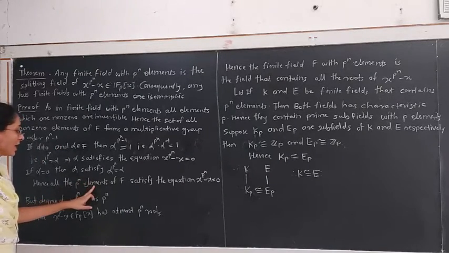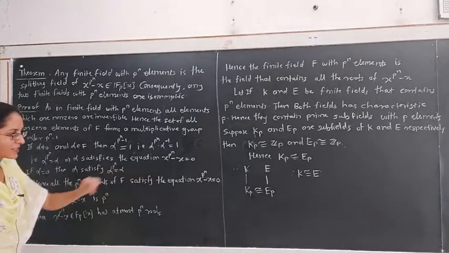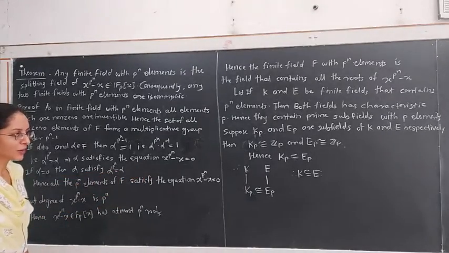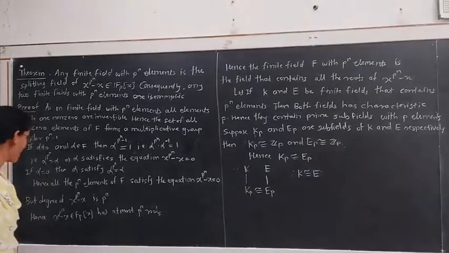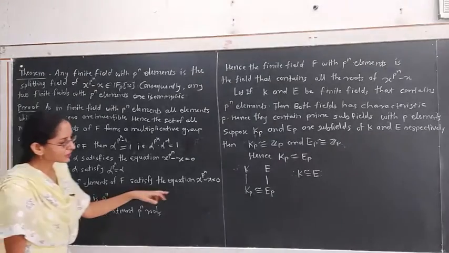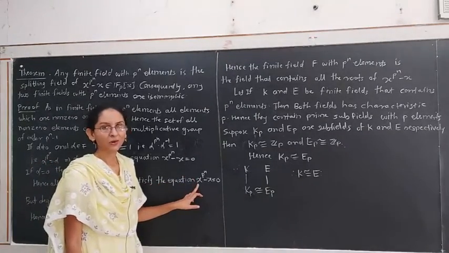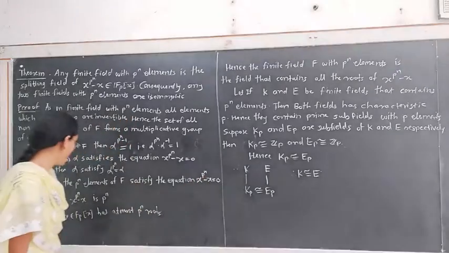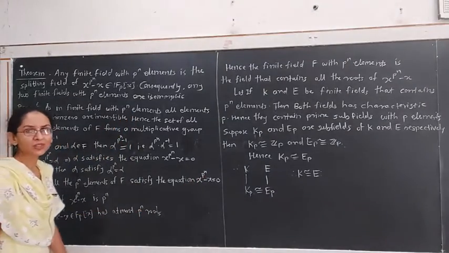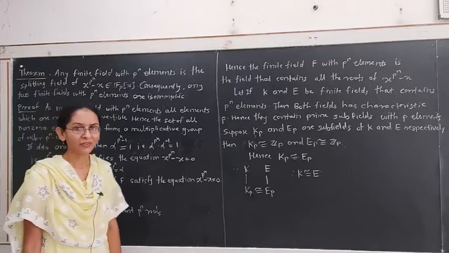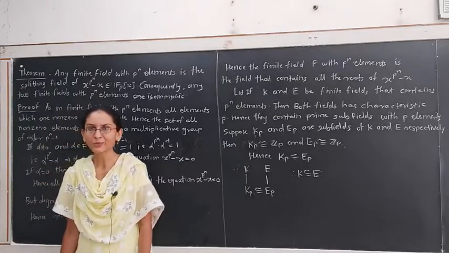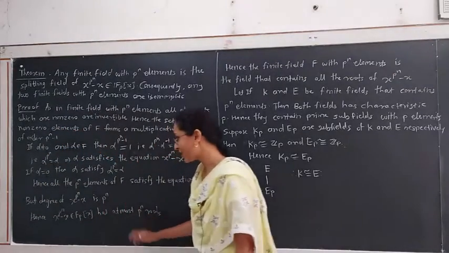Hence, all the p raised to n elements of F satisfy this equation. But what is the degree of this equation? This is a polynomial of degree p raised to n. Hence, it has at most p raised to n roots.